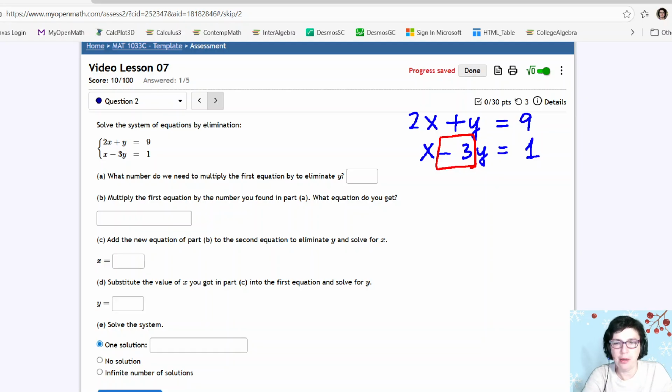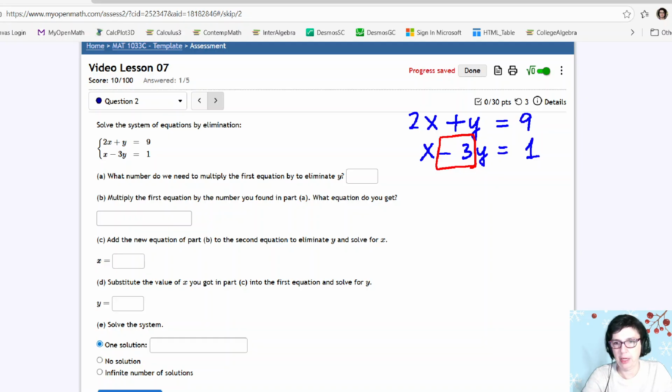So is there a number that I can add to negative 3 and get 0? So some number added to negative 3 will give you 0. You probably already know what it is. It's 3, isn't it? So if it's 3 and negative 3, they cancel out, right? And that's how we're going to eliminate that y.